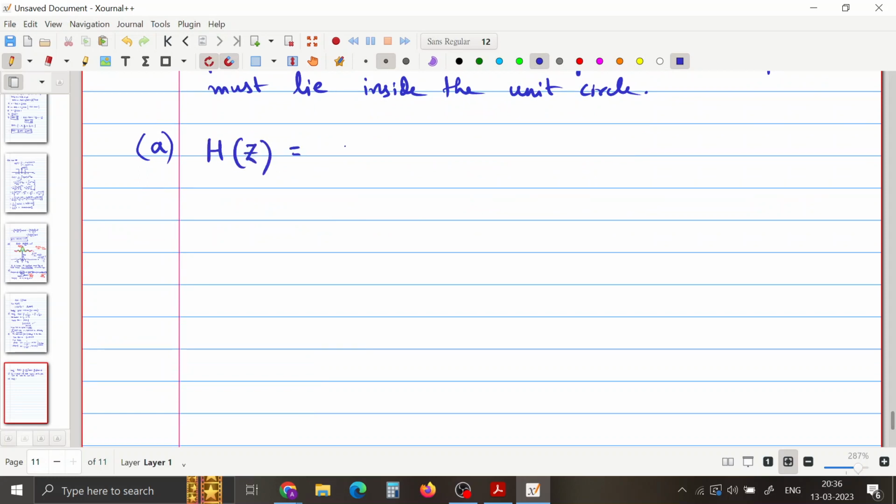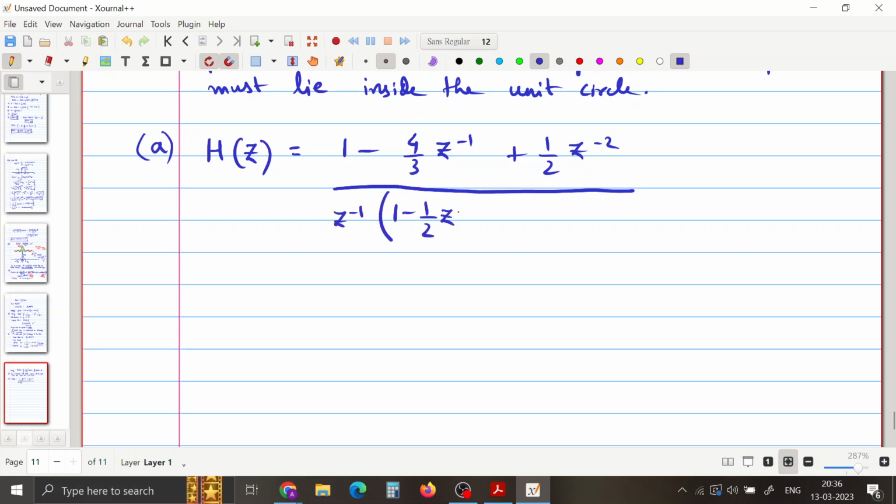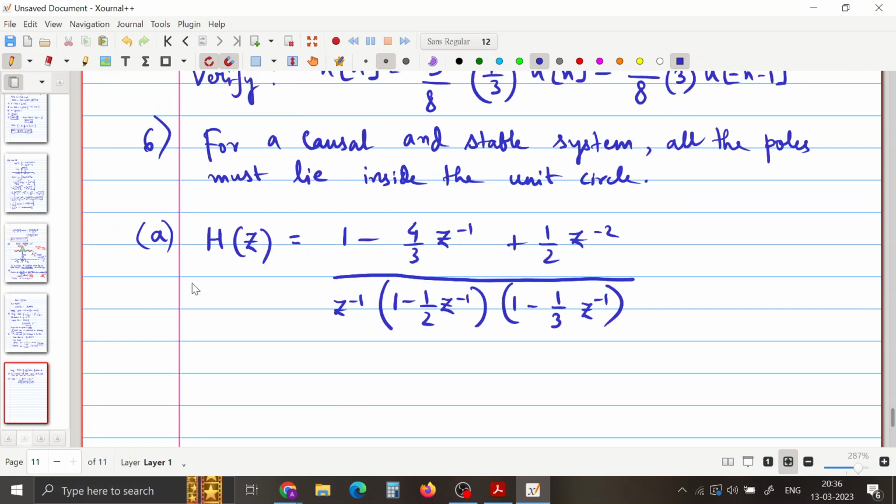So H of z is given as this. Okay, now just use this result and can you determine if this is a causal system or not?